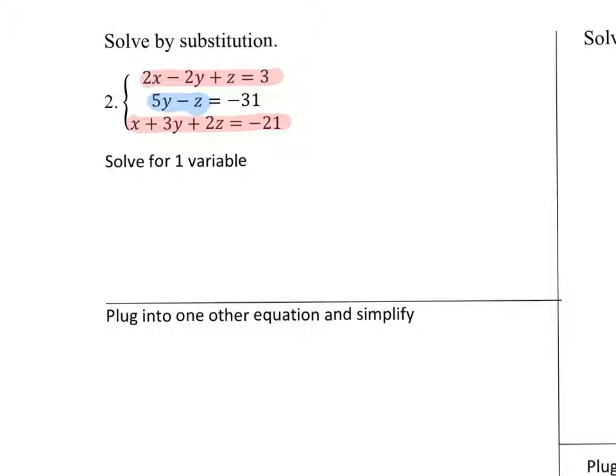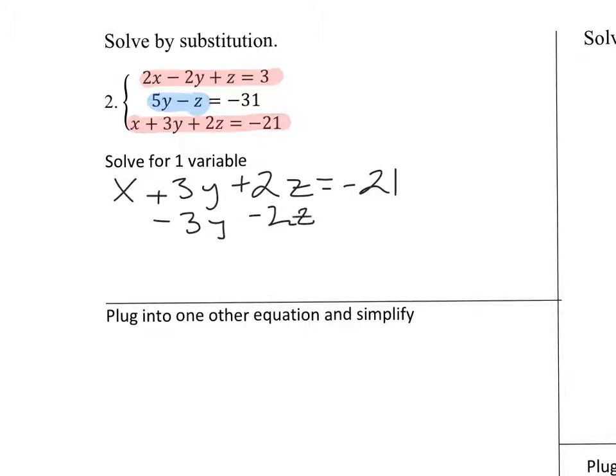So with that being said, which one appears to be nicer when solving for x? Well, in my opinion, I truly think the bottom one would be easier, because what I can do is subtract 3y and subtract 2z to both sides.